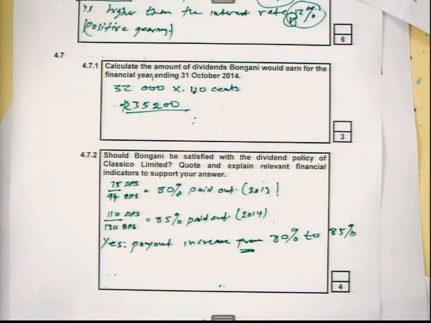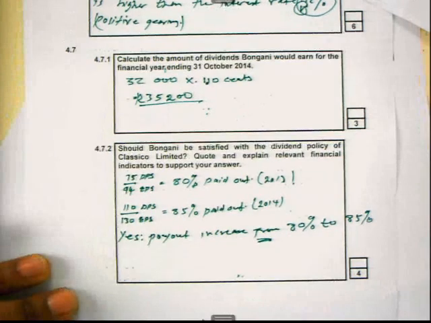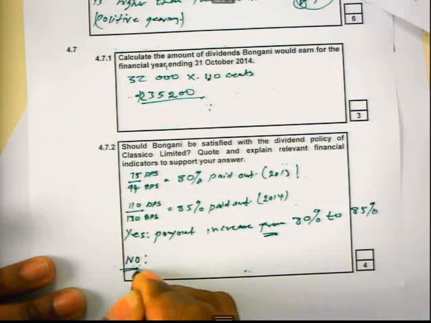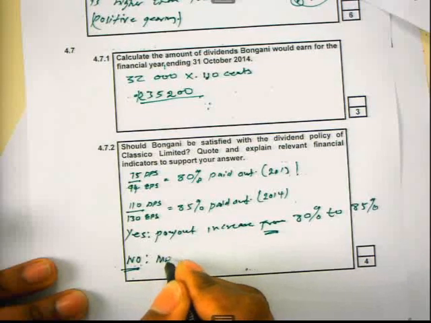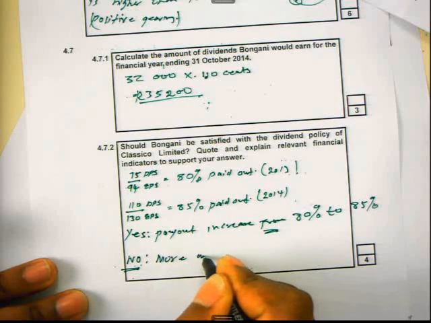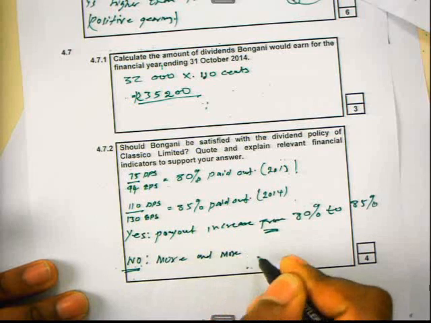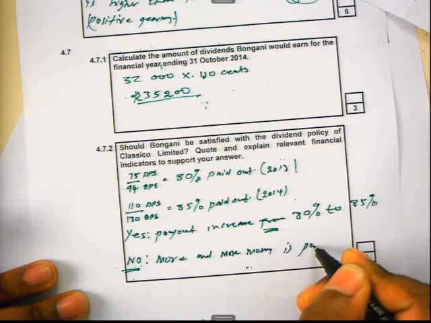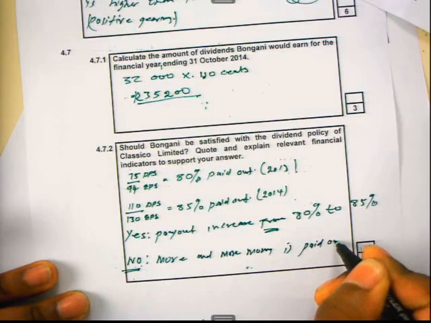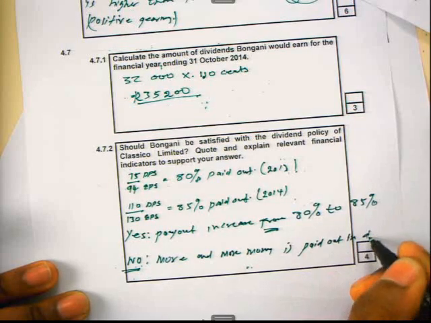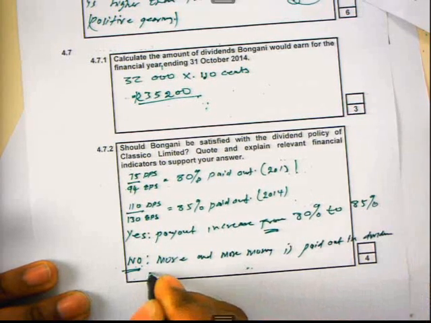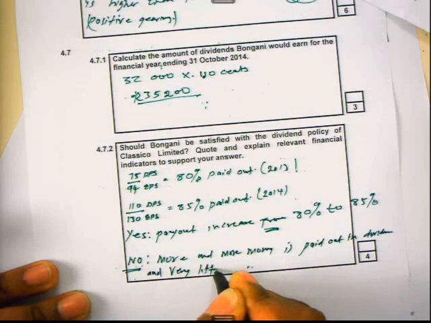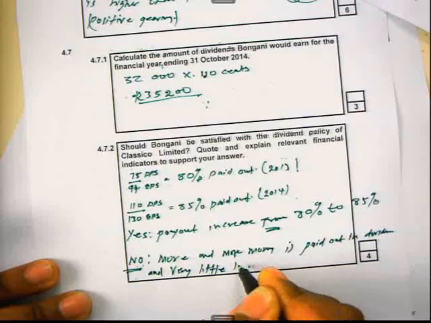You are looking only at the short term, but if you are looking at the long term, you will say no. Why? Because more and more money is paid out in dividends, and very little is retained for expansion.